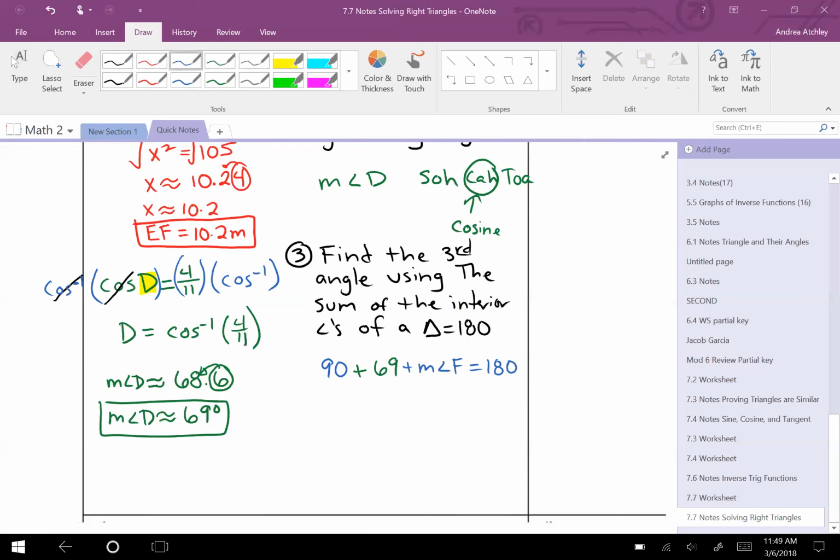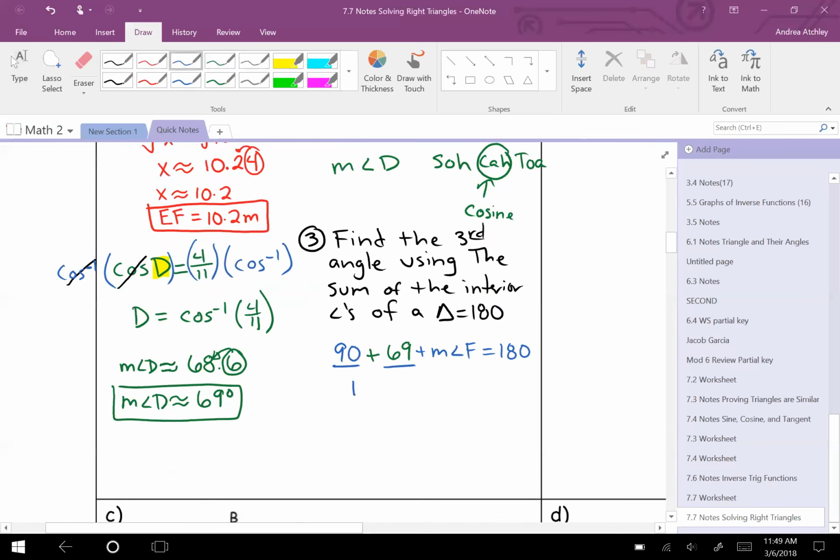Okay. We're going to combine our like terms. We're going to get 159 plus the measure of angle F equals 180. Subtract 159.